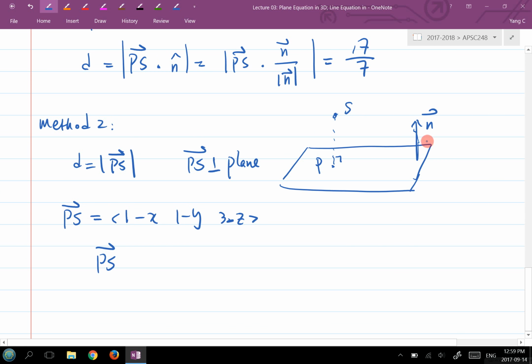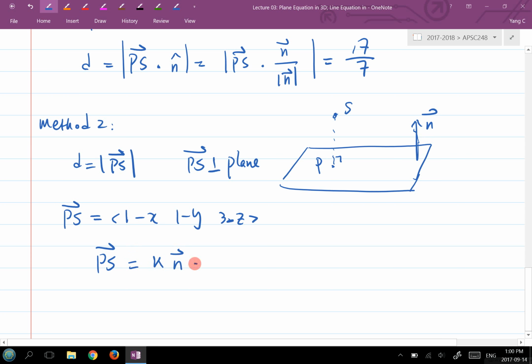Parallel. If they are parallel, and I want to use a math expression to describe the parallel relationship, then the two vectors must differ by a scalar, so let's call it K. They just differ by a scale K.